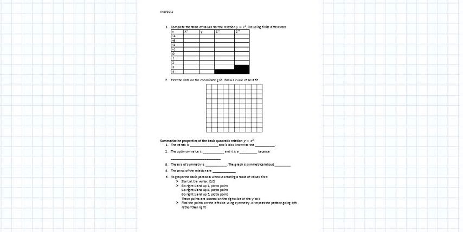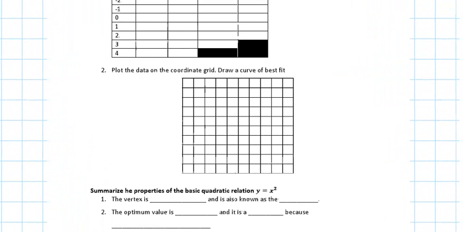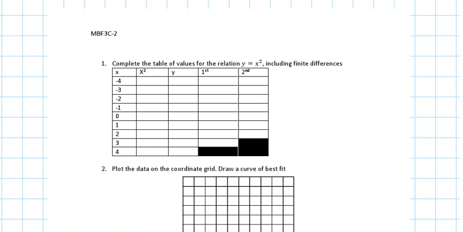So we're going to look at our parent function right now, and then we're going to look at the characteristic of that parent function and what happens to the parent function as I change my values. So remember that the parent function is y equals x squared.